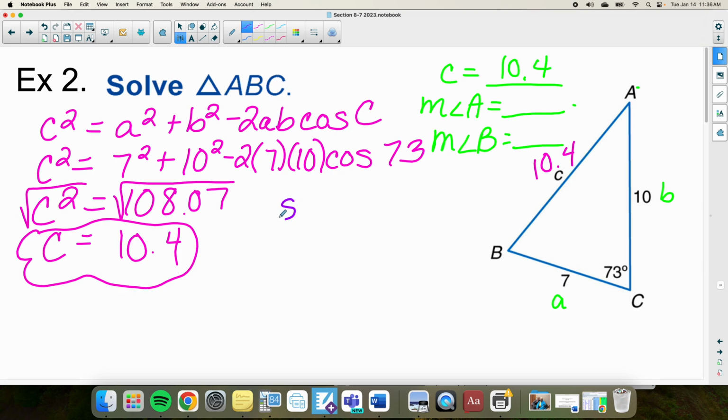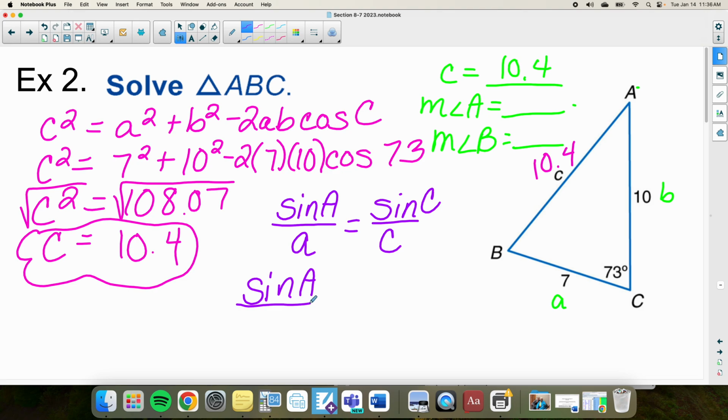So remember, now we use law of sines. I'm going to go sine of A over little a. And then you always need to know an angle and its opposite side, and in this case, we know sine of C and little c. So now I'm doing sine of A, which is what I'm looking for, over little a, which is 7, equals sine of C, which is sine of 73, over little c, which is 10.4.